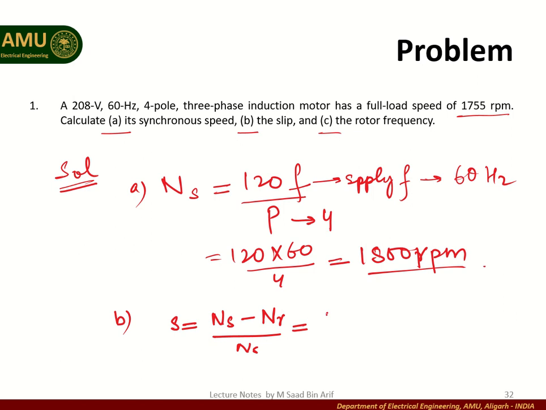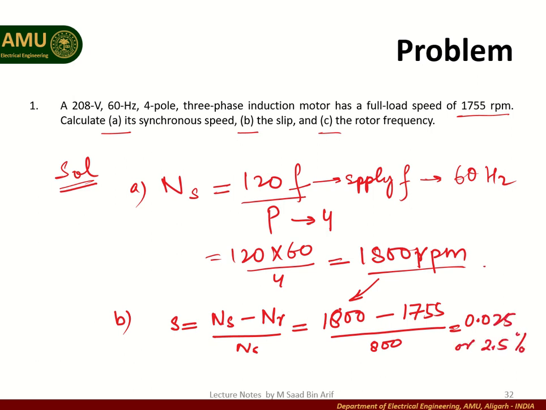It is nothing but 1800 minus 1755, that is Nr, upon 1800, which is equal to 0.025, or you can say 2.5%. In percentage, usually we represent slip like this. What we have to do is multiply by 100 and you get the percentage.